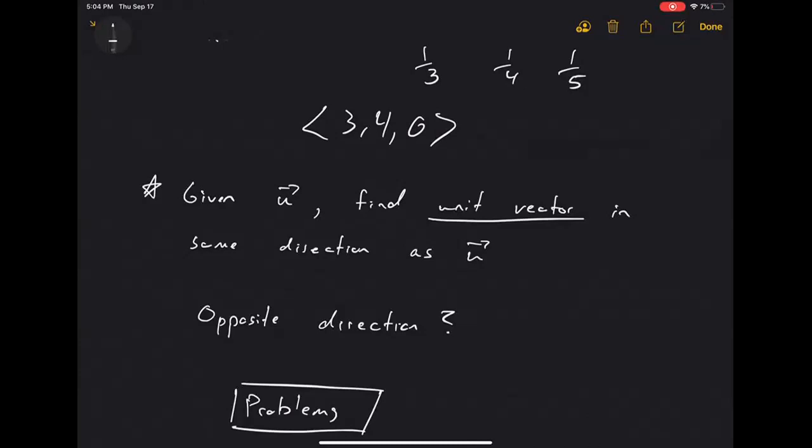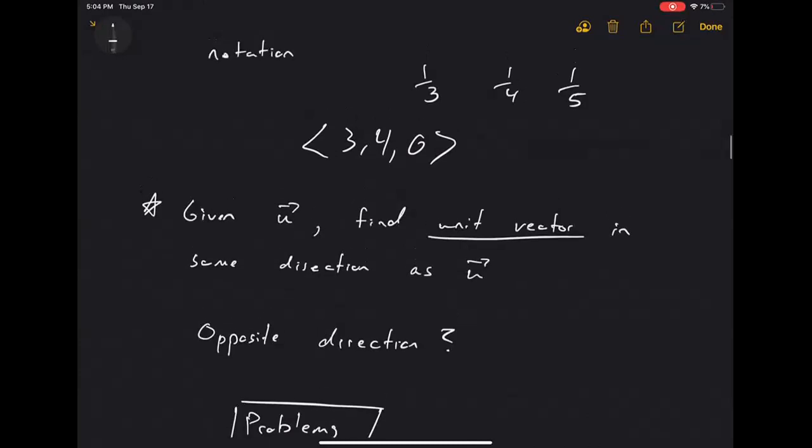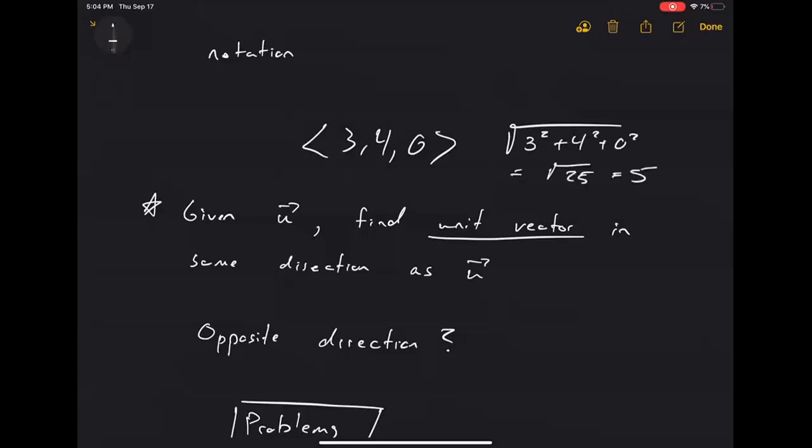So the answer is 1/5, and most of you got it right. To find a unit vector pointing in the same direction, we find the magnitude of the vector and then divide the vector by its own magnitude. The magnitude, the length of that vector, is the square root of 3 squared plus 4 squared plus 0 squared. So the square root of 25, which is 5.